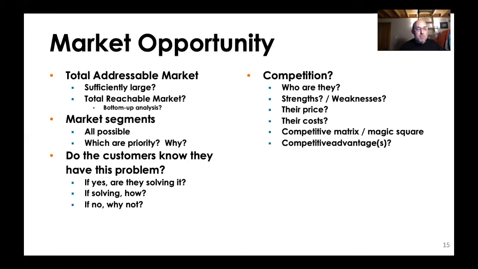And then I brought up before, do the customers even know they have this problem? So if they do know they have the problem, and again, you can talk to the customers and ask them, how were you solving this before? Usually the answer for startups is not that you replaced an existing competitive product. Usually the answer is that they were solving it using something that they built themselves.